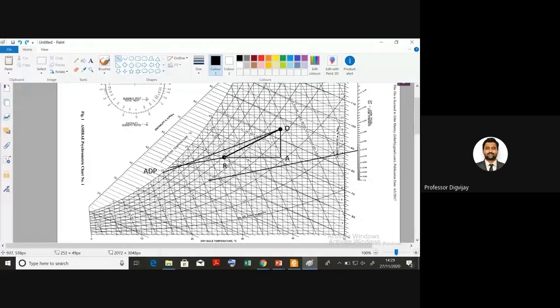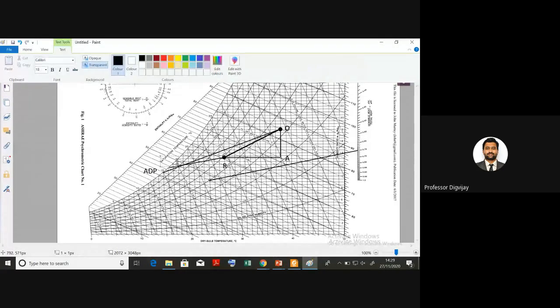Moving on. What we have done here: firstly I have drawn the reference line which passes through 0.69 on the RSHF scale and the alignment circle. This is our reference line. Parallel to this line, I have to draw a line through point R. So this will be my RSHF line.